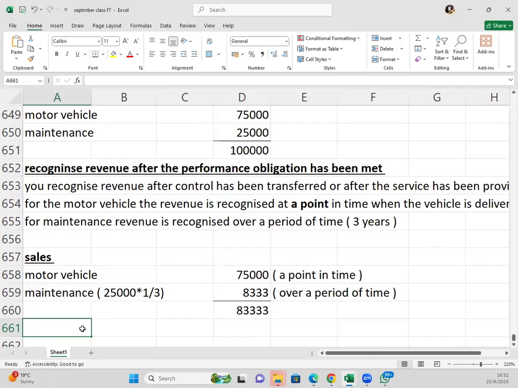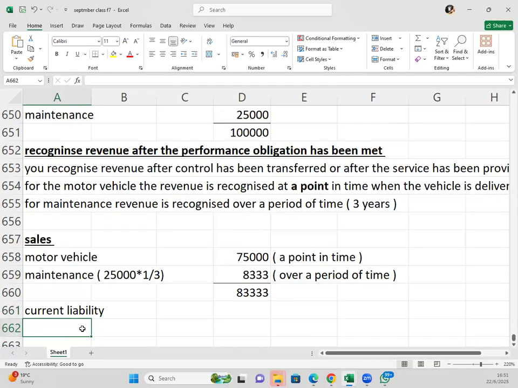So the revenue that we are not recognizing this year, we can treat as deferred income. Deferred income, we have the current liability. That is the revenue we are going to recognize in the next year. So it's more like someone who has given us money in advance.